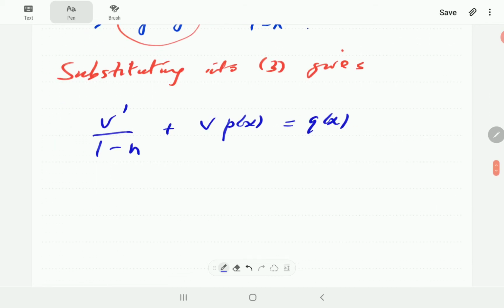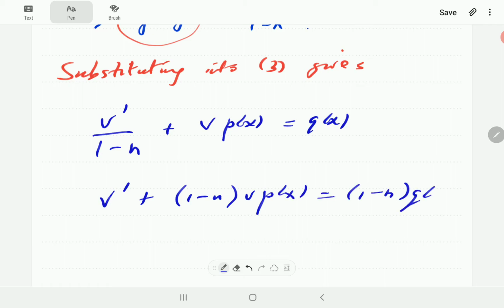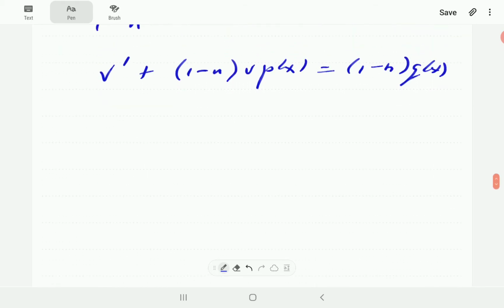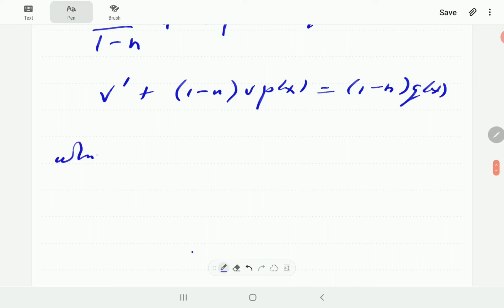And then if we multiply through by 1 minus n, we get v prime plus 1 minus n p v equals 1 minus n q, then that gives us an equation which is linear in v.